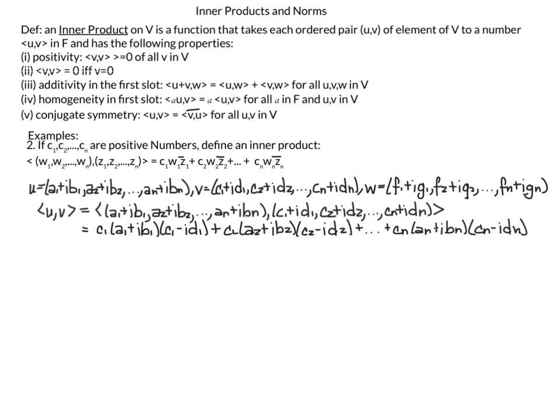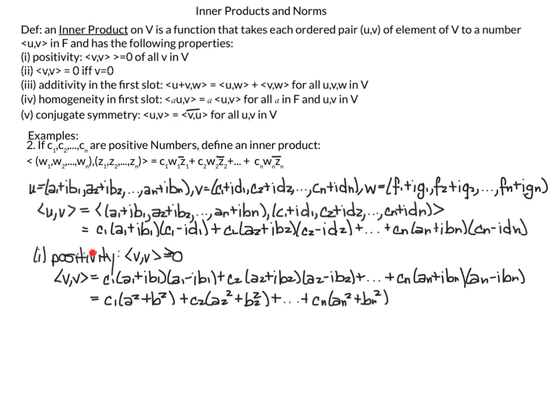So I have c1 times a1 plus ib1 times c1 minus id1. And my second coordinate is going to be c2 times a2 plus ib2 times the complex conjugate of the second term of v, which is c2 minus id2, all the way up to cn times an plus ibn times cn minus idn.